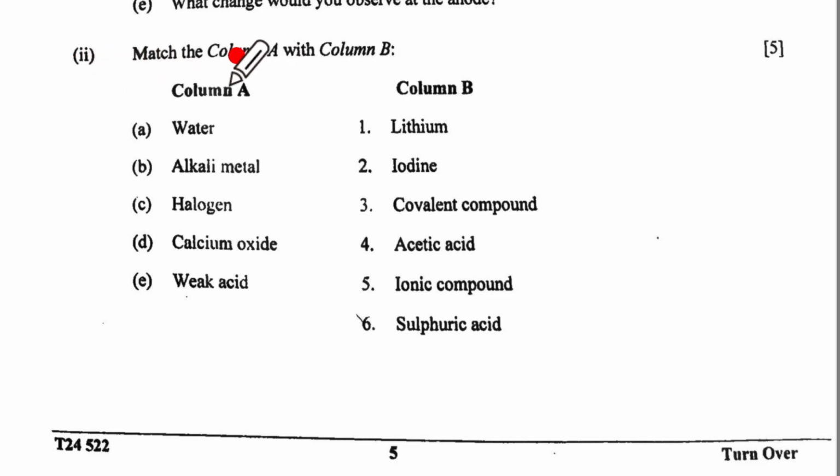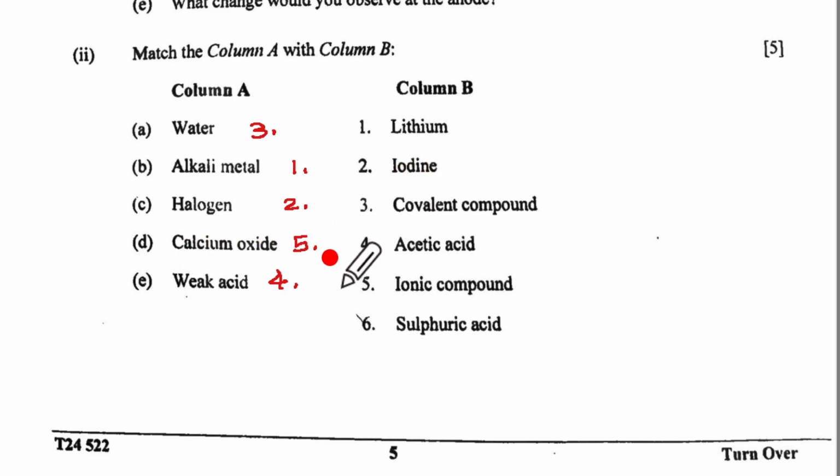We come to subpart 2, match the column A with column B. So looking at the options in column B, water will be covalent compound, so that will be 3. Alkali metal is group 1A, that is lithium, that is 1. Halogen is group 17, and that will be iodine.